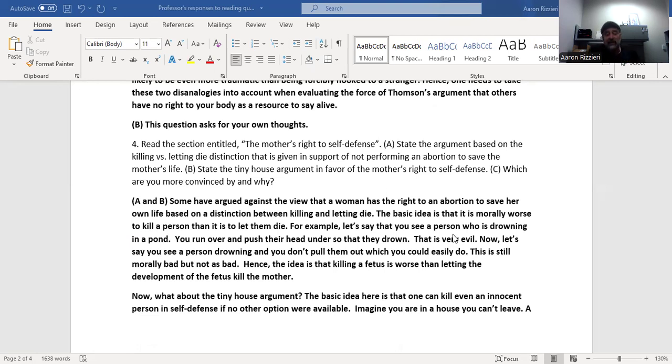All right, now this is a different sort of case. Thompson is now looking at, is abortion permissible when carrying the baby to term is just medically dangerous. So the pregnant woman, the mother, her life's in danger as she carries the baby to term.